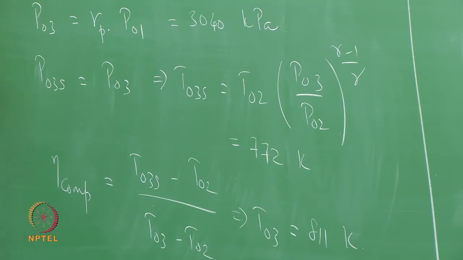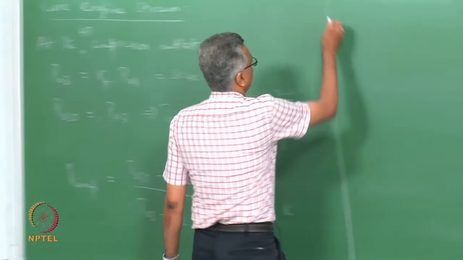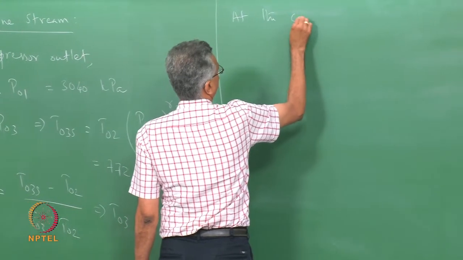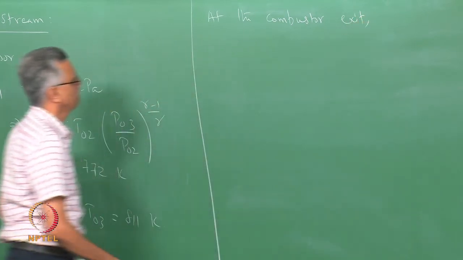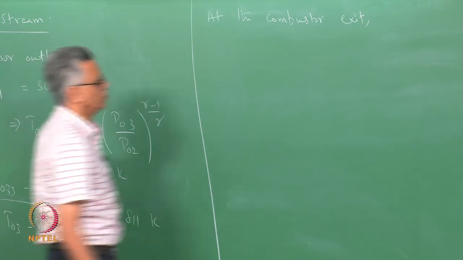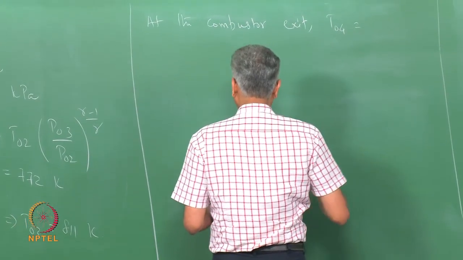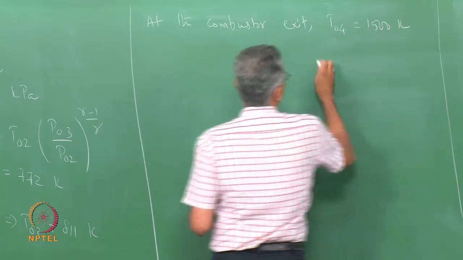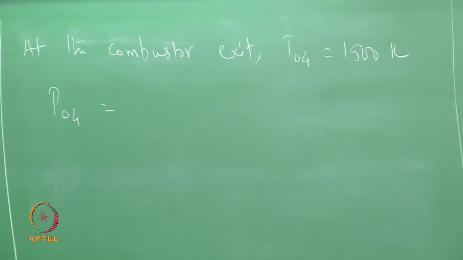Okay, good. Let us go to the next one. At the combustor exit, T04, the maximum temperature, is given. So, T04 is given to be 1500 Kelvin, and P04 can be evaluated like this.